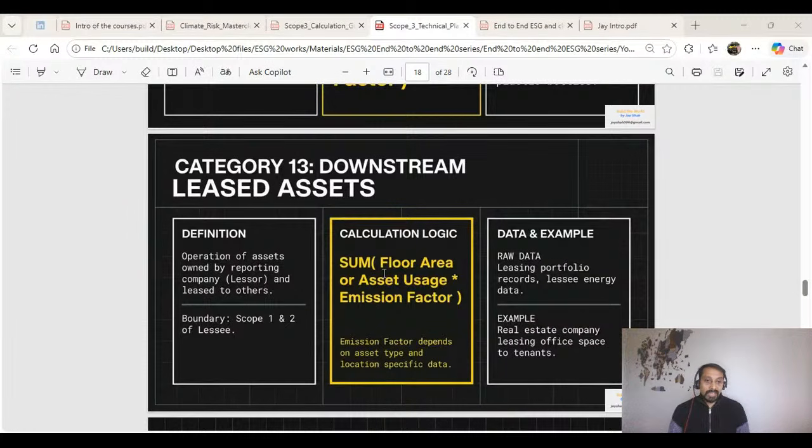So asset managers like Prudential or Lloyd's or any kind of big asset managers invest in real assets like manufacturing units or any real estate society that you own but that will be used by other people. So again the formula is very simple: floor area or asset usage multiplied by the emissions factor. So that is very easy to do for the downstream leased assets.